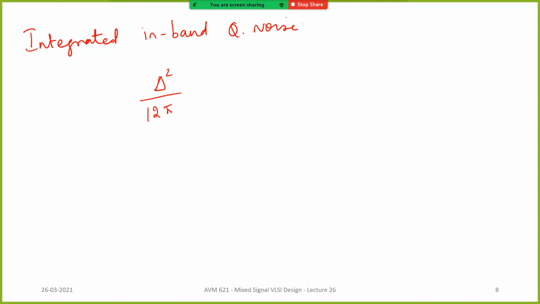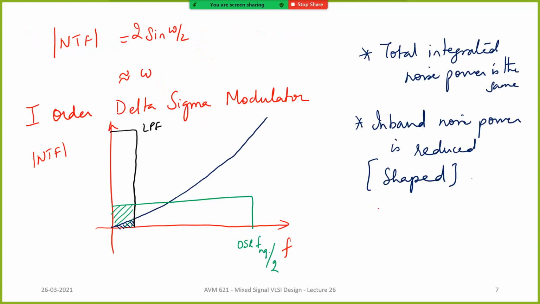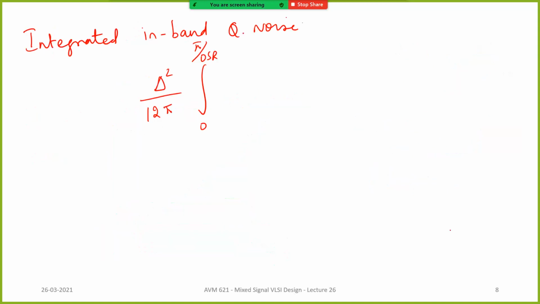Fs by 2 corresponds to an angular frequency of pi, a discrete time frequency of pi. So this is integrated from 0 to pi by OSR. This is pi and this is pi by OSR. Just keep Fs by 2 as pi. That is obvious, and I hope all of you are familiar with this.